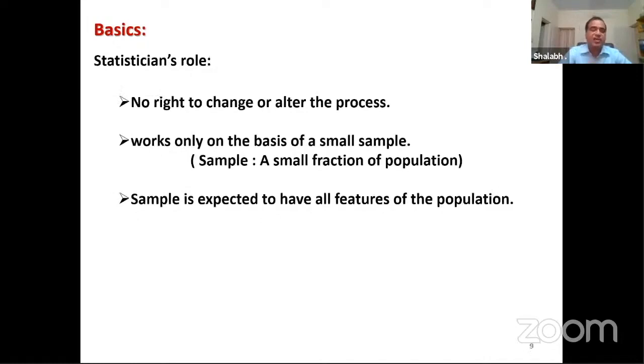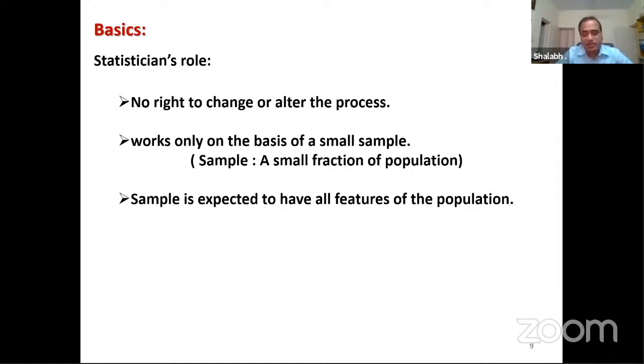And one thing you have to keep in mind when doing modeling is that as a statistician, you cannot change or alter the process. Whatever is happening will keep on happening. For example, when people model COVID, the way the coronavirus is propagating, we are only trying to understand its trajectory.